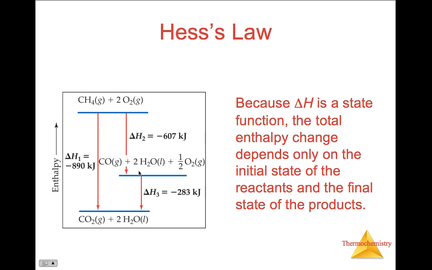And then these things are going to react and form this stuff. The addition of these two steps has to add up to equal the enthalpy of the overall reaction. That's what Hess's law says, that two reactions that end up in the same place can be added together, and their enthalpies can be added together to yield the overall enthalpy.